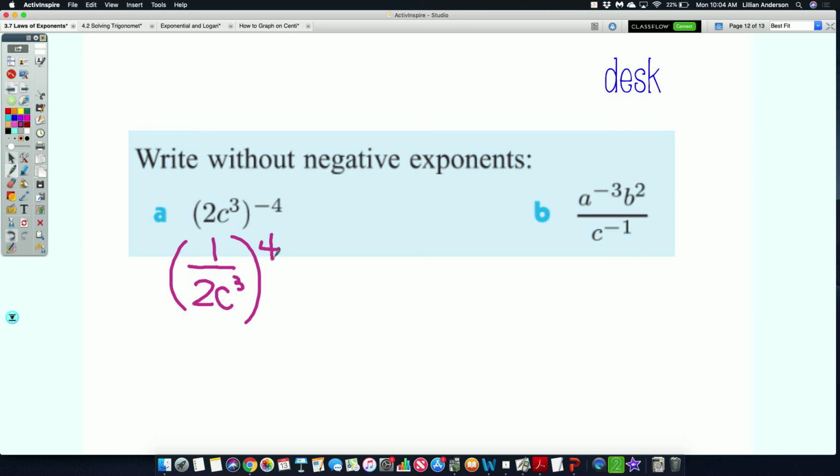And then you apply the fourth power to everything on the inside. Of course, 1 to the fourth power is just 1, but then you apply that 4 to the 2 and to the c to the third power. So then your final answer should be 1 over 16c to the 12th power.